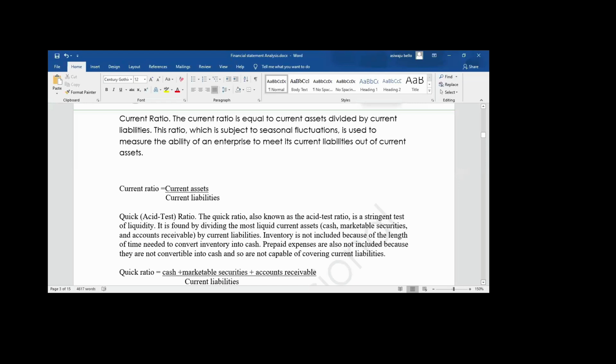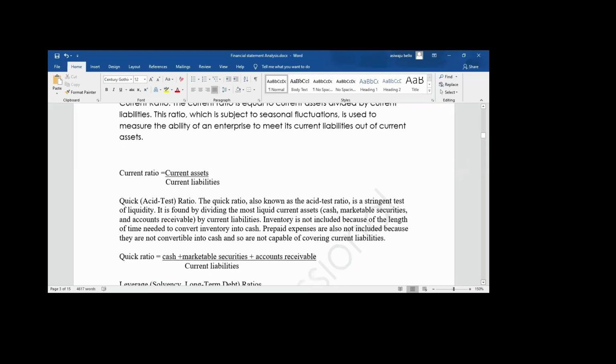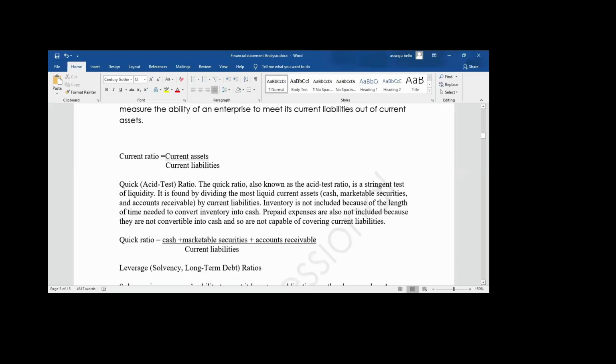To calculate your quick ratio, it is your current assets minus inventory, divided by current liabilities. So you can use liquidity ratios to assess the performance of a company.